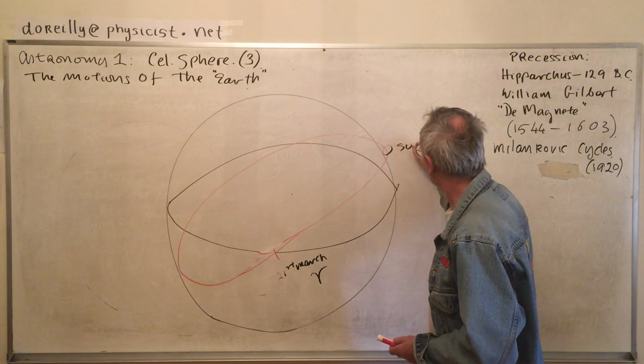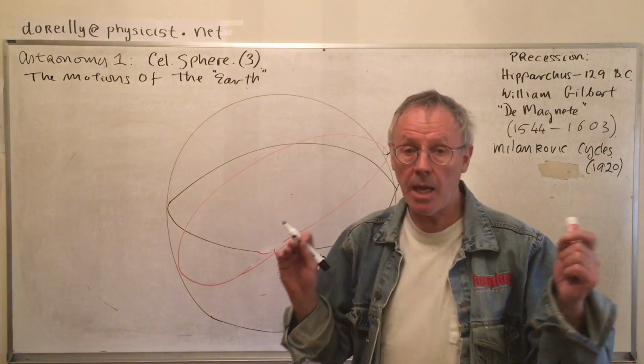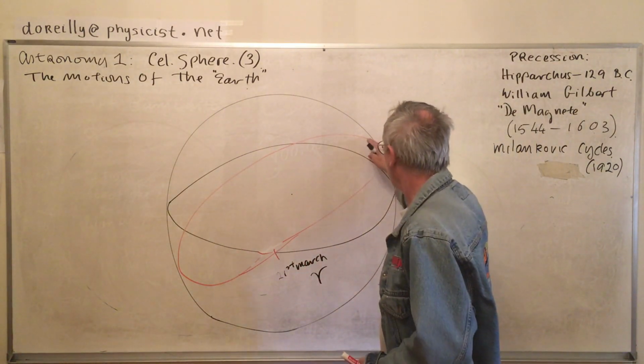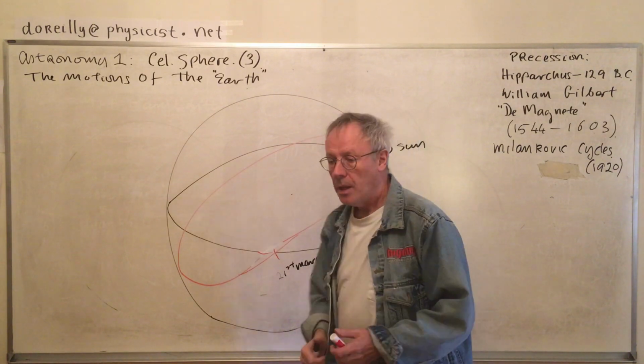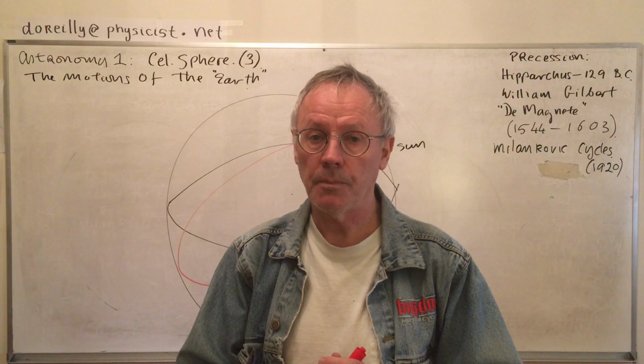The sun will move on that path. I don't mean per day, I mean throughout the whole year. It appears in a different place on the cycle, and specifically, it appears in a different constellation.